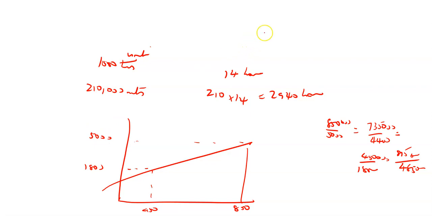So the high-low method is literally saying 5,000 minus 1,800 divided by 850 minus 450. So we have 3,200 divided by 850 minus 450, which gives us 400. We divide these two things together, 3,200 divided by 400.